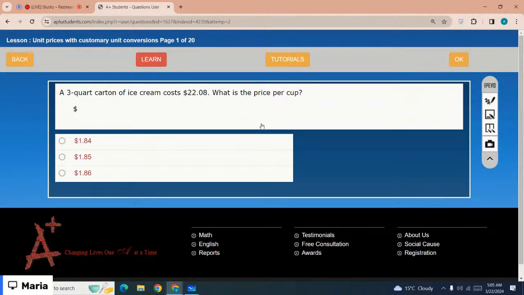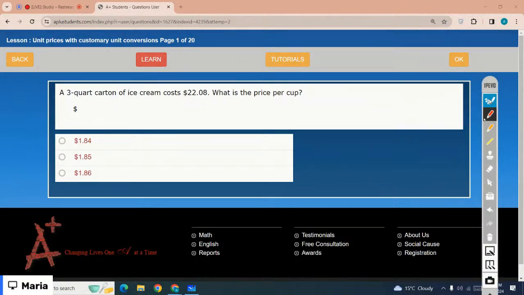So 1 quart equals 4 cups. That is the conversion unit. Here you are given 3 quarts, so 3 quarts equal 3 times 4, that equals 12 cups. So that means this is the price of the 12 cups.